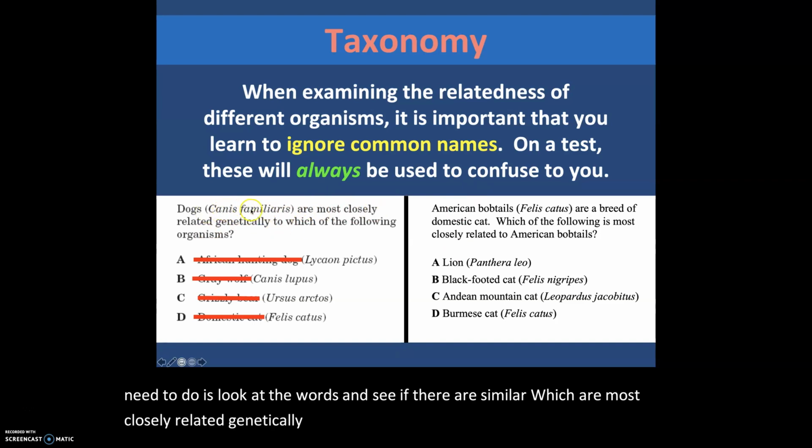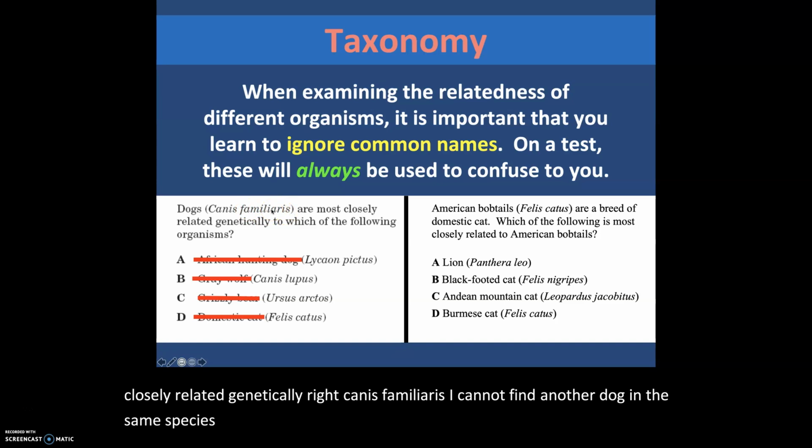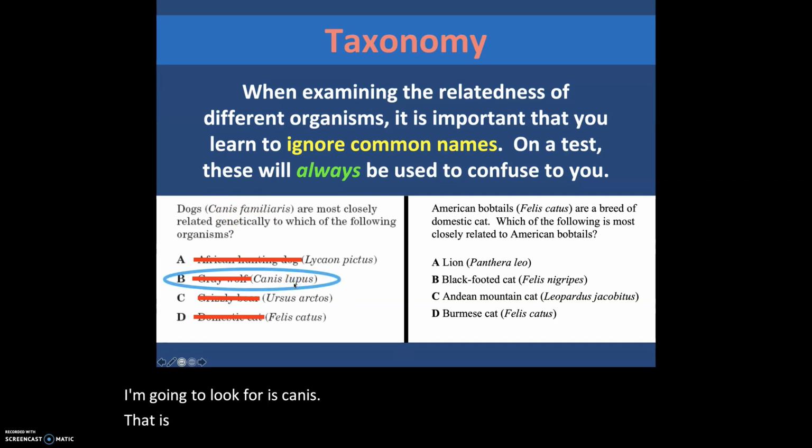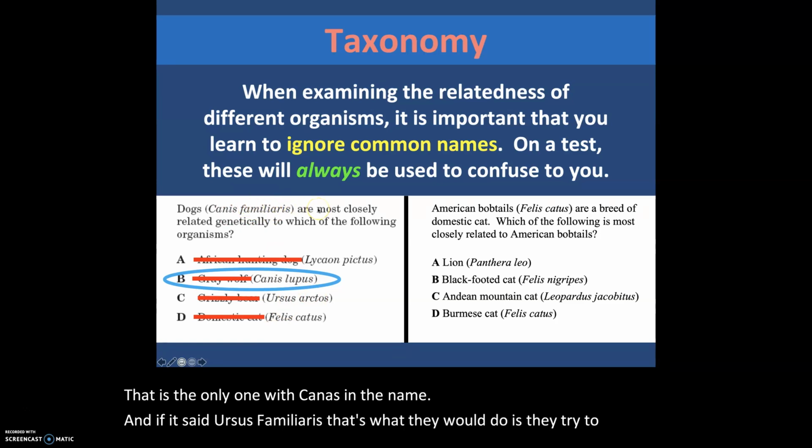Canis familiaris. I cannot find another dog in the same species and it be closely related. It's the exact same thing. And so the next word I'm going to look for is Canis. That is the only one with Canis in the name. And if it said Ursus familiaris, that's what they would do, is they'd try to trick you and make you think this has to be the same word.